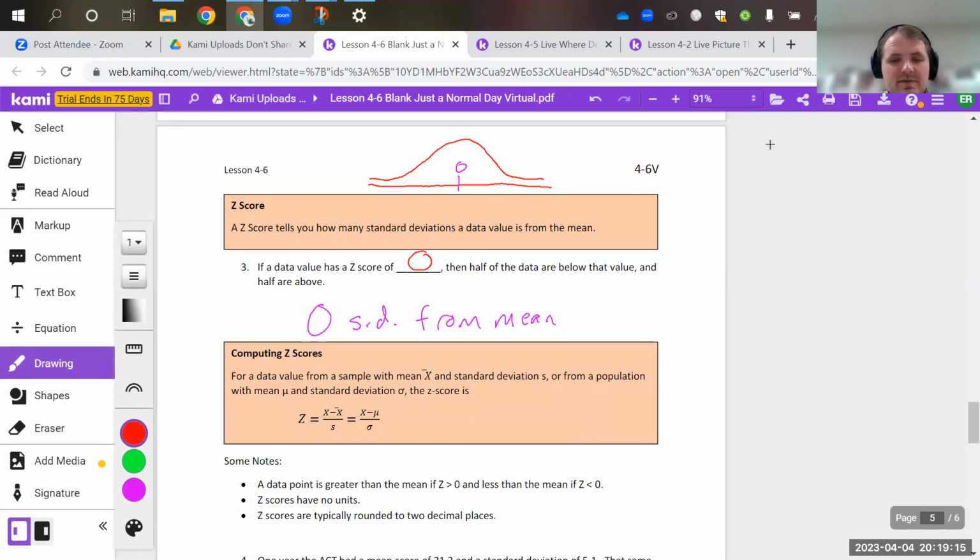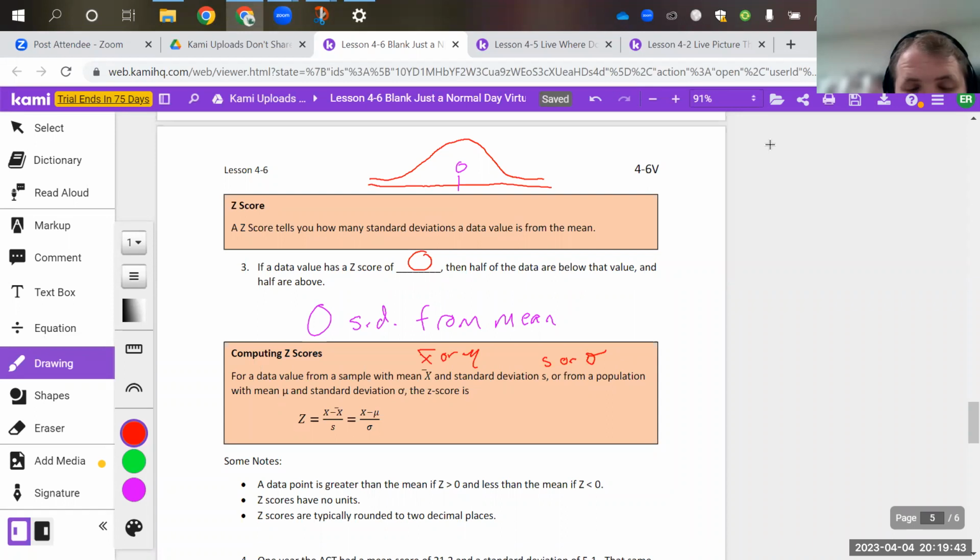People love math symbols. So the mean could be written as x bar, or that little mu thing we talked about earlier. It actually shows you both scenarios down there. And then the standard deviation can be written as lowercase s or sigma, depending on the scenario that you're given.